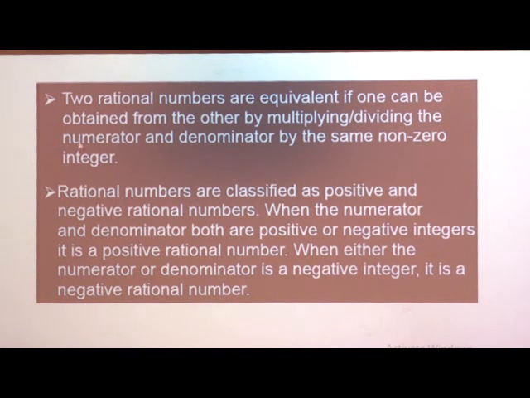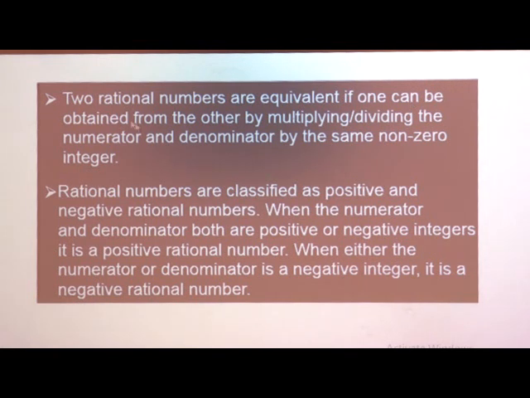Two rational numbers are equivalent if one can be obtained from the other by multiplying or dividing.